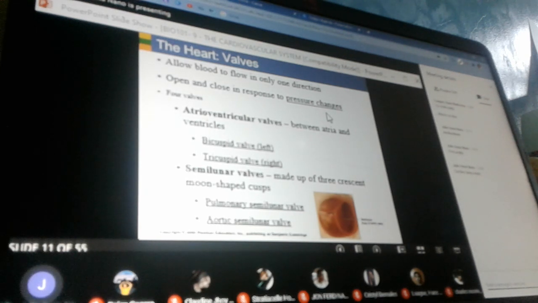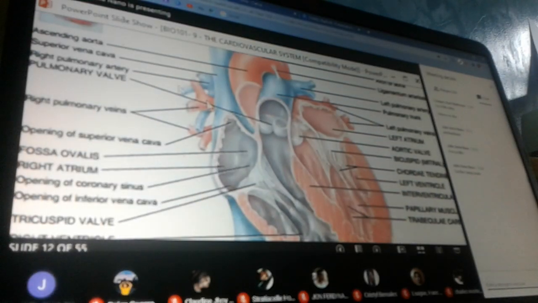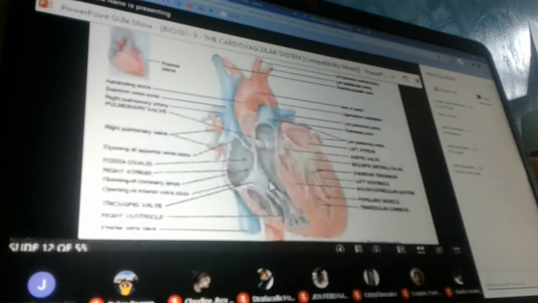So, for example, class, may pumasok na blood dito sa ating right atrium. Yung pressure ng blood will force the valve open. Okay? Again, kaya nag-open yung valve natin is because of the pressure. Now, there are four valves inside our heart.